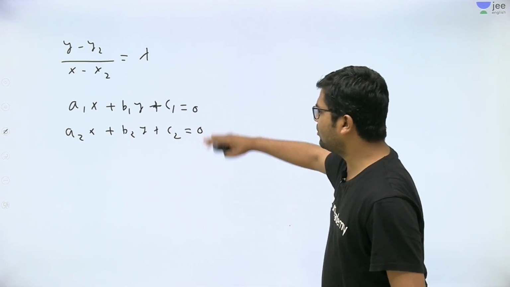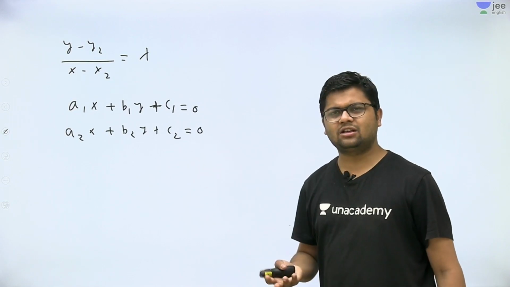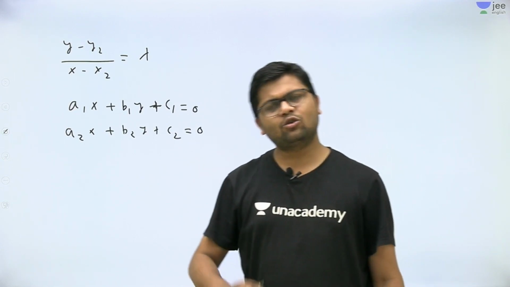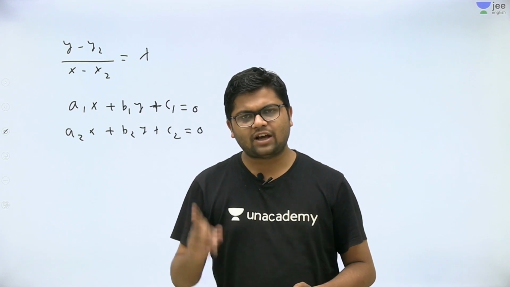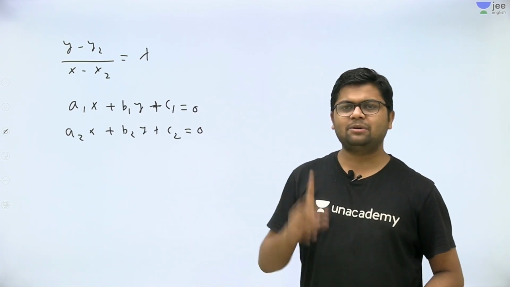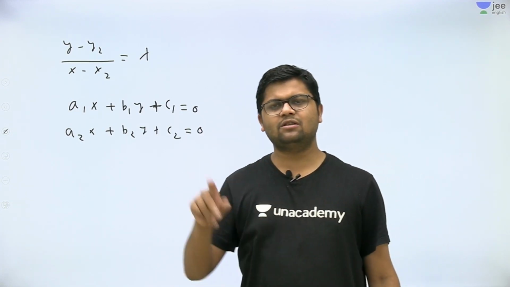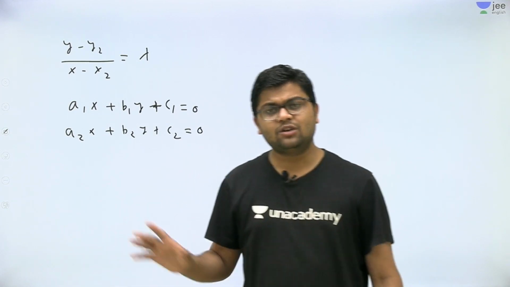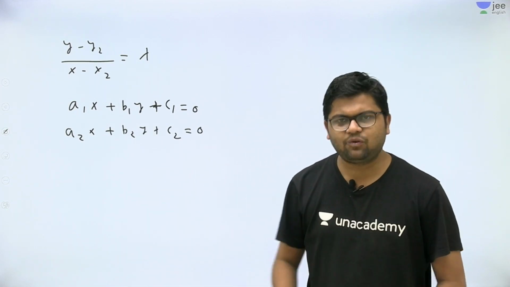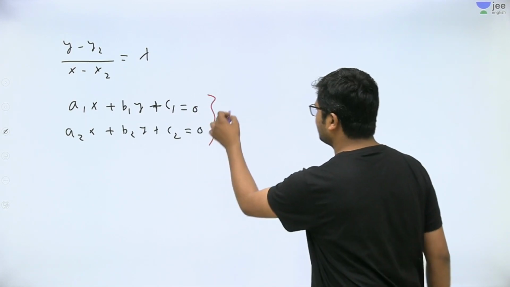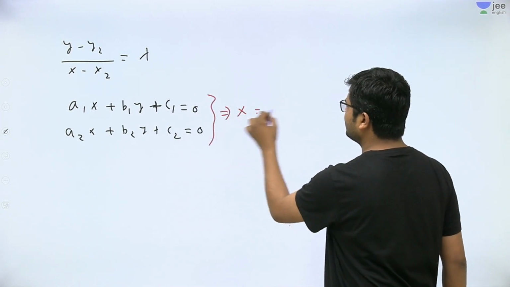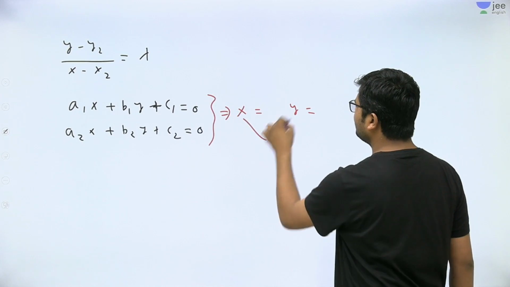Now if you solve these two equations by substitution, elimination or cross multiplication, the values of x and y will be expressed in terms of a1, b1, c1, a2, b2, c2, which are themselves rational numbers. Therefore the solution of these two equations, x and y both, are going to be rational.